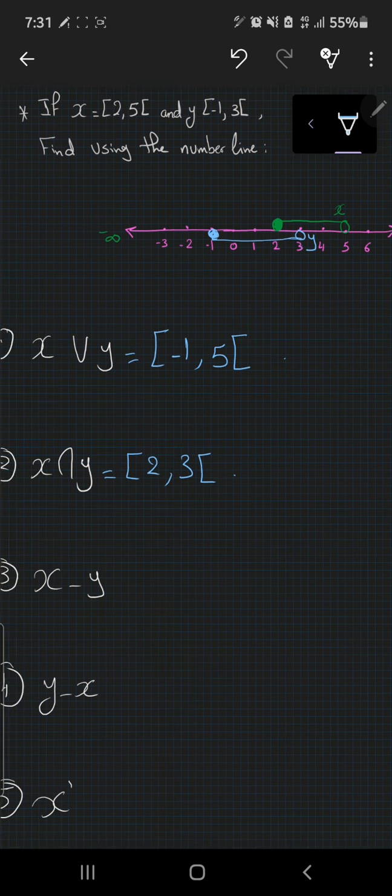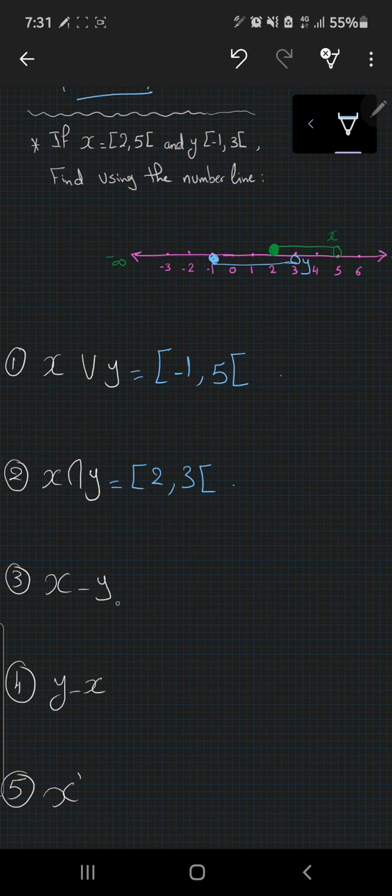The element in x and doesn't belong to y. The element which is in x and not in y, this part. So the result will be 3 closed and 5 open. Why 3 closed? Because 3 doesn't belong to y and belongs to x.